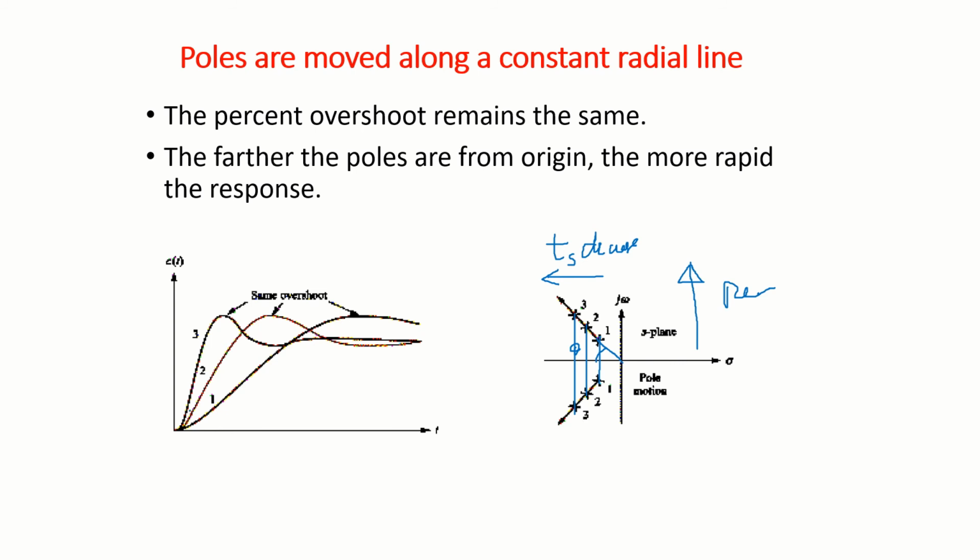So here what's happening? 1. But the overshoot is remaining the same, right? But settling times are changing. So as you move towards left, that's what's happening.